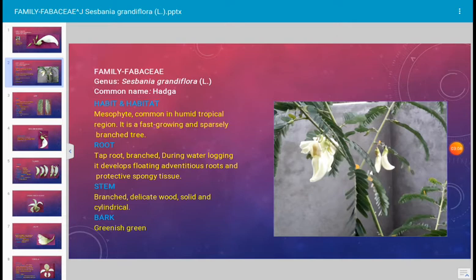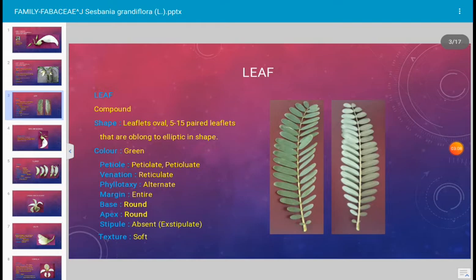Okay. And next slide. This is the leaf of Sesbania grandiflora, family Fabaceae. The family Fabaceae is also called the Papilionaceae family. The leaf is compound. In a compound leaf, above the petiole, the petiole is extended and the rachis is formed, and on the rachis pinnae or leaflets are attached.